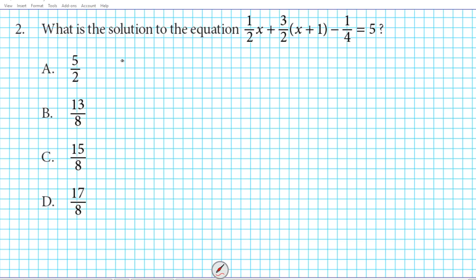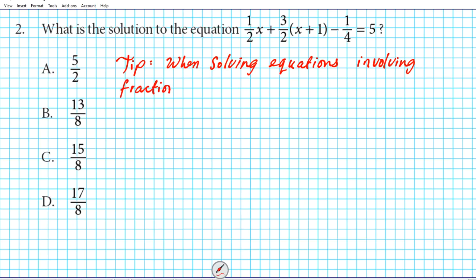So here's a tip for solving equations that look as annoying as this. The tip is, when solving equations involving fractions, what do you want to do? You want to make your life easier. You want to make it possible for you to solve the problem with as little difficulty as possible.